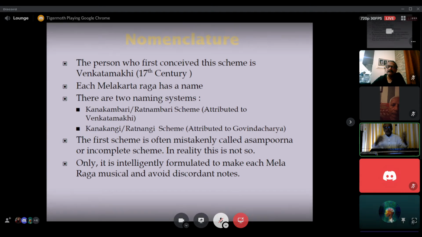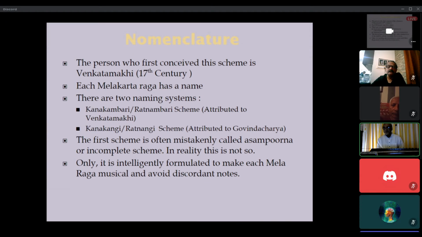That is a misnomer, because in reality it is not so. It is not that the earlier scheme of Kanakambari Ratnambari is Asampurna. It is actually intelligently formulated to make each mela musical and avoid discordant notes.